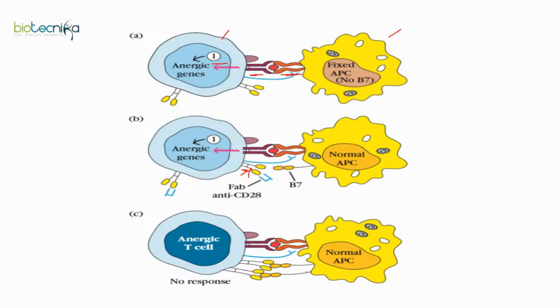But when all the bindings happen, when the first signal is out, it gives out the second signal here. B7 binds to this CD28. So this is double signaling happening, and that results in the activation of your T cell.